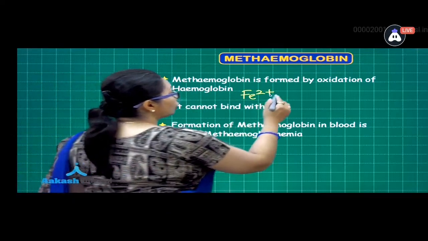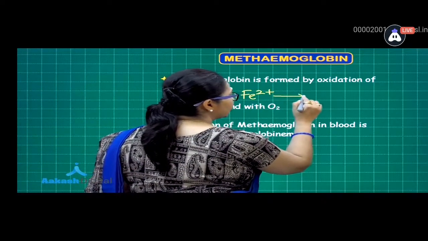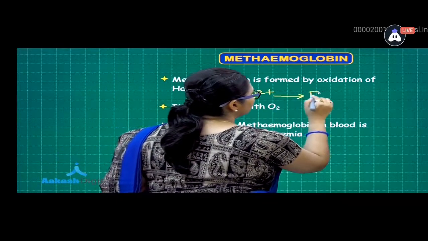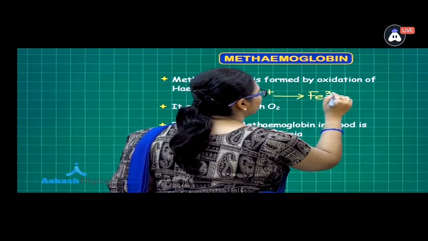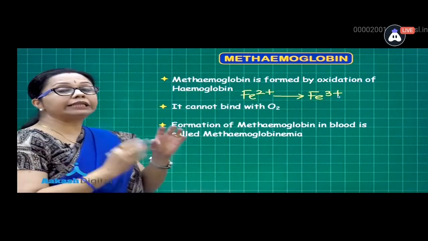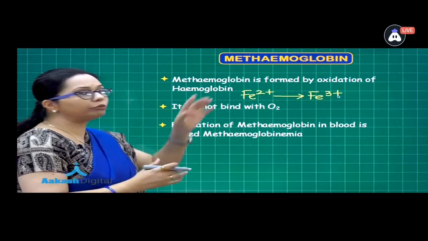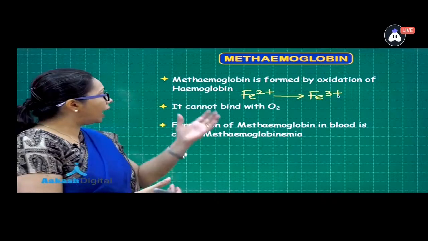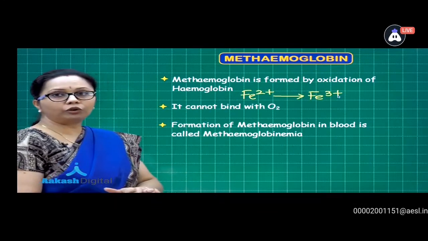But here somehow, due to strong oxidizing agents, that could be some pollutants or some drugs, this iron has been oxidized to ferric. If such a thing happens, then that is called methemoglobin. So that hemoglobin will now be called methemoglobin, and this one cannot bind with oxygen.